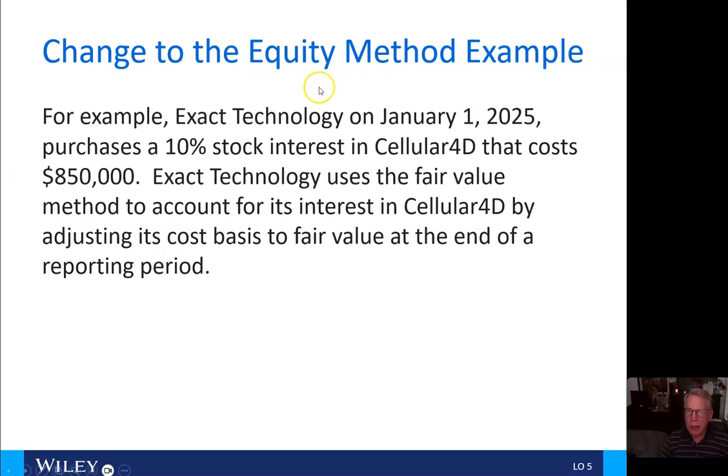For example, here, Acctg Technology on January 1, 2025 purchases a 10% stock interest in Cellular 4D that costs $850,000. Acctg Technology uses the fair value method to account for its interest in Cellular 4D by adjusting its cost basis to fair value at the end of the reporting period.